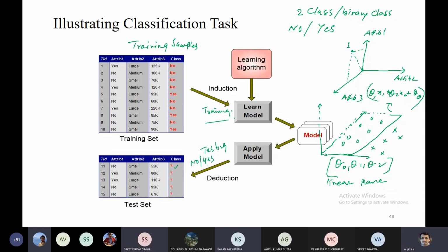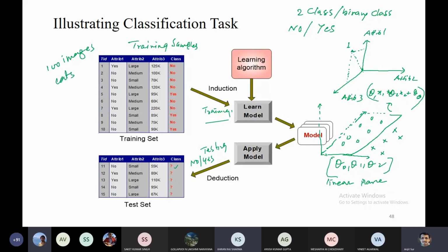If you have any questions, you can ask. Yes, please. Sir, in the training step, it was written that the test set and training data set should be independent of each other. What does that mean, sir? That means the training samples and test samples are different. For example, for image classification or object detection, the object is a cat. You are given, let's say, 100 images of cats for training.